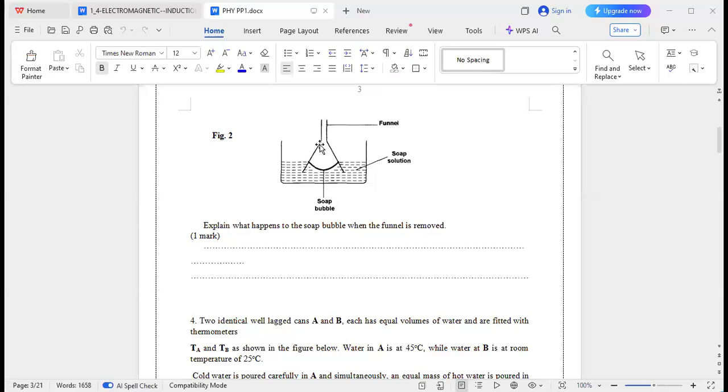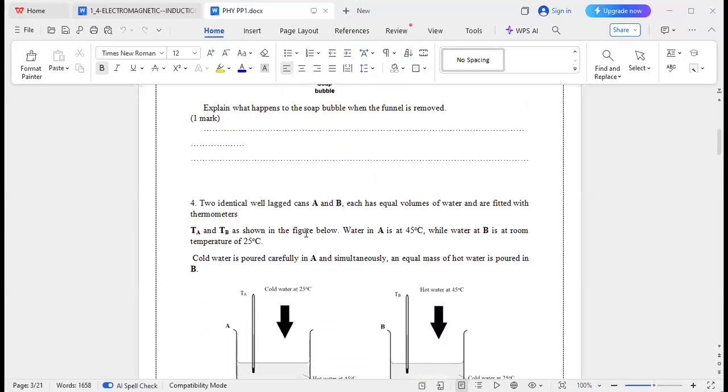It will come to this neck over here. The bubble moves up to the flattened film so as to occupy the smallest area possible. I think we all know that surface tension tends to occupy the smallest area possible.